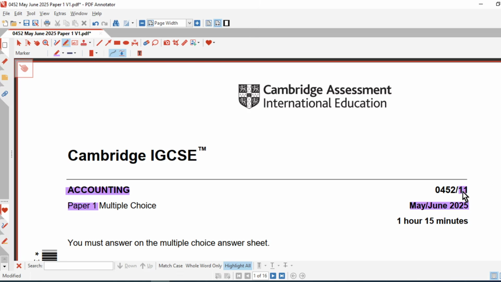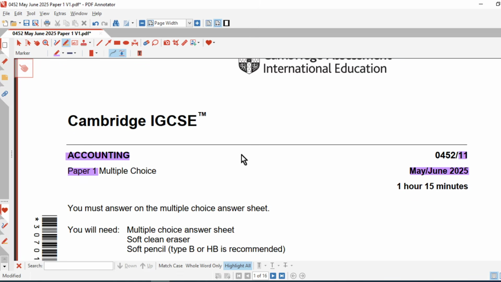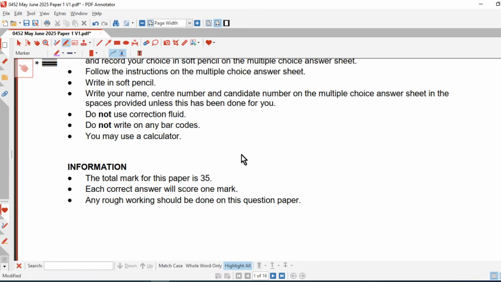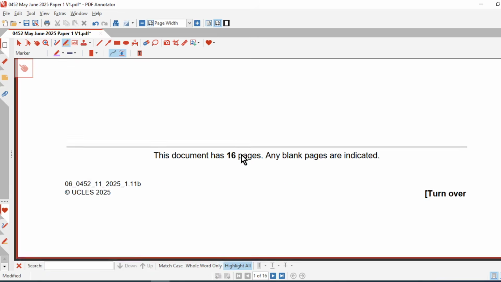If you analyze through the questions, in fact, if you analyze through the May-June 2025 paper 1 accounting papers, whether it's variant 1, 2, or 3, you'd see that the papers are relatively easy this round, right? I've had a look into each paper.